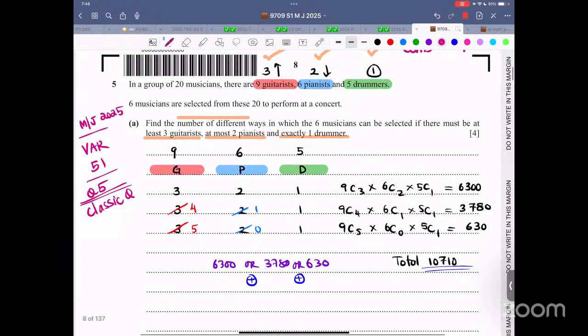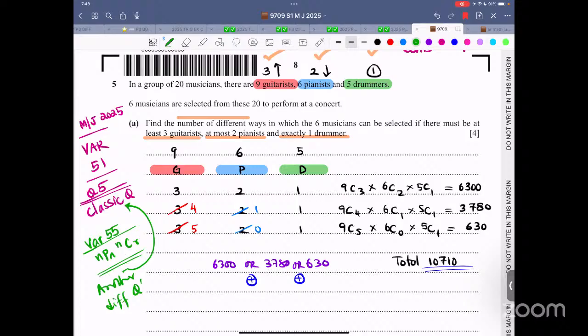Also remember that you need to watch variant 55. There's another question, of course, of permutation combination, and that is very similar to this one. That is another difficult question, so let's see if we get a chance to go over that. Otherwise, you can always go back to the channel and watch that particular video.